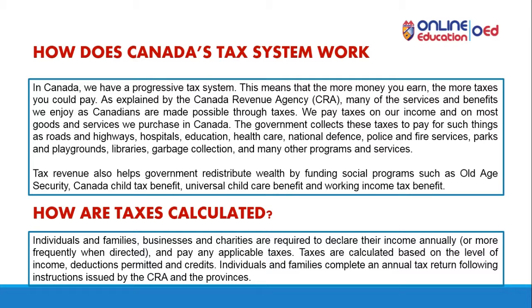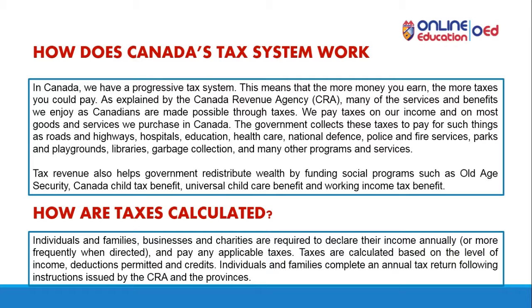All right. So how are taxes calculated? Individuals and families, businesses and charities are required to declare their income annually and pay any applicable taxes. Taxes are calculated based on the level of income, deductions permitted, and credits. So there is no basic calculation for this one.